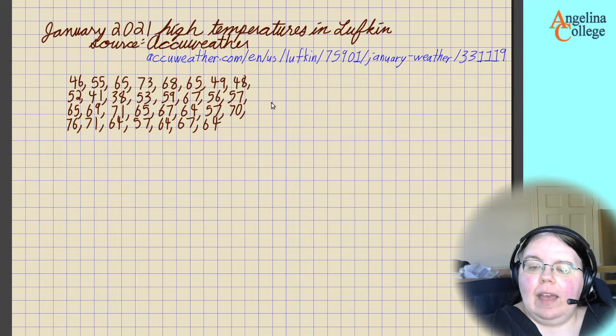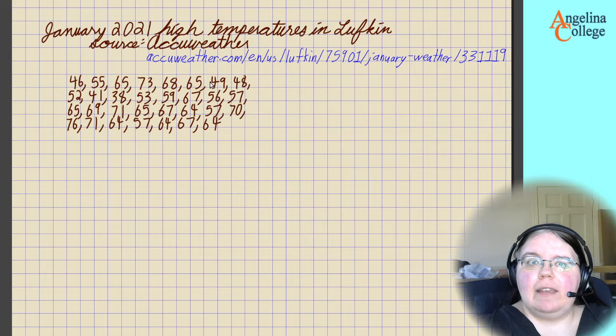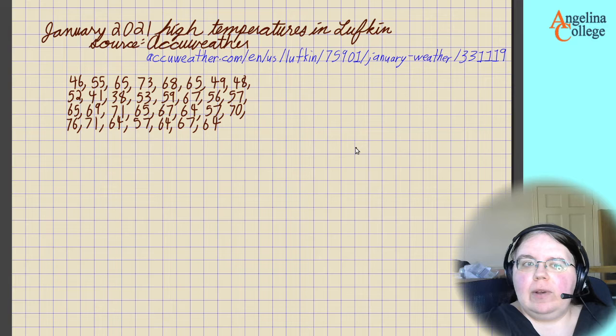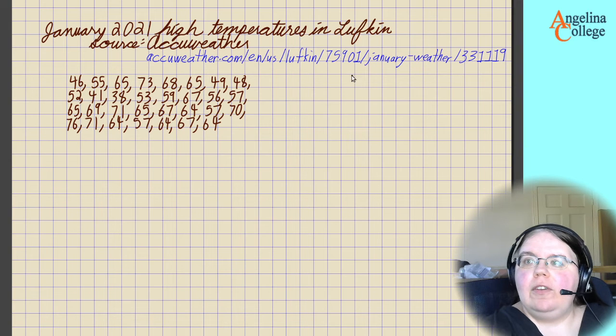So I noticed that there should be 31 data points because there would be one high temperature each day. Now, I noticed the 31 was just under 32, which is like if we have 4 rows of 8 things in each row.